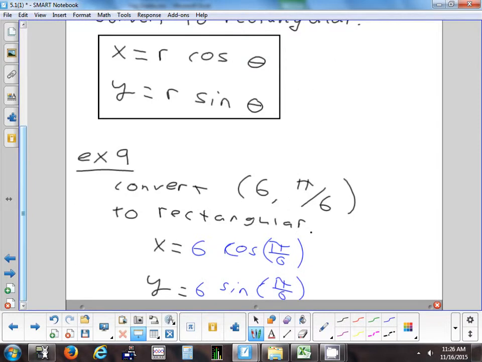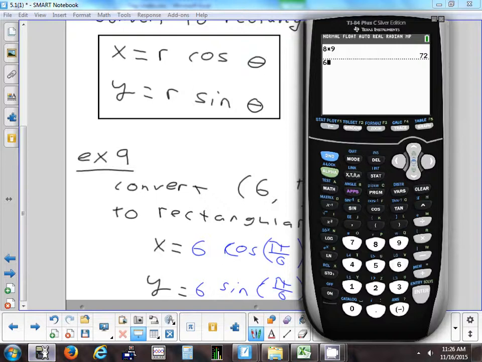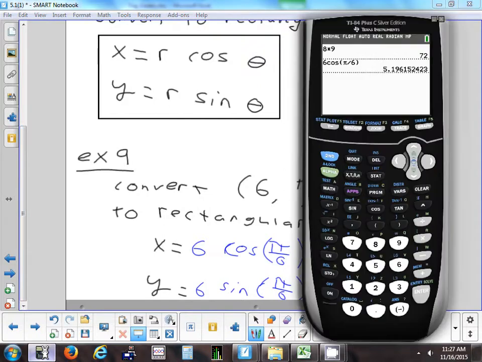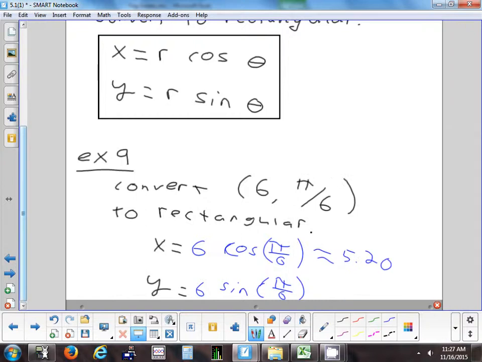So let's just type it in and see what we get. 6 cosine pi over 6. That's about 5.20. You just round it off. And then 6 sine pi over 6. That comes out exactly 3.